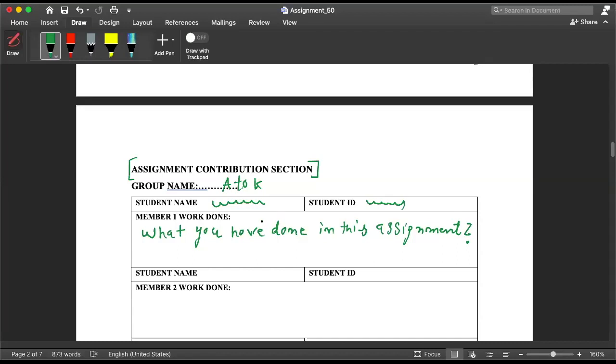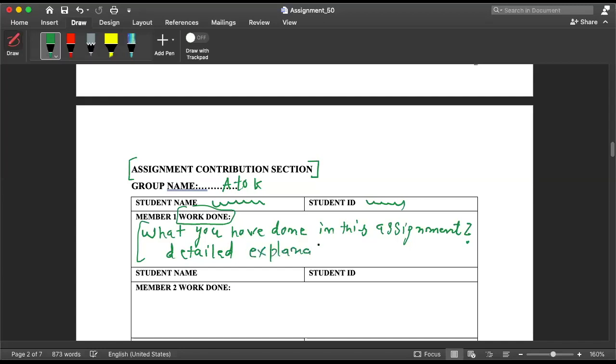So make sure in this box, when you write your work done, you are not just simply telling me I'm doing question 1, question 2, question 4, for example, that's it. No, you have to explain in detail. For question 1, what you have done in question 1, for question 2, what you have done in question 2, for question 3, what you have done in question 3. So it's a detailed work, your detailed explanation.